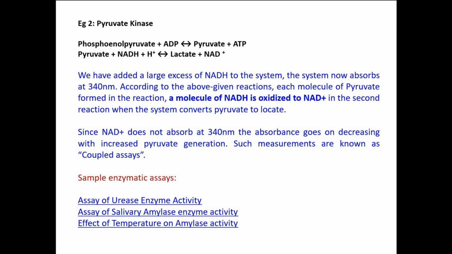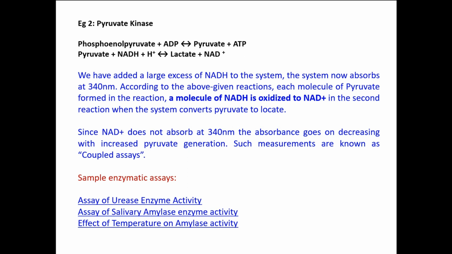So this reaction is always linked to another reaction, in such a way that you can calculate the amount of light absorbed. Let me explain how it happens. Phosphoenol pyruvate plus ADP gives pyruvate plus ATP.